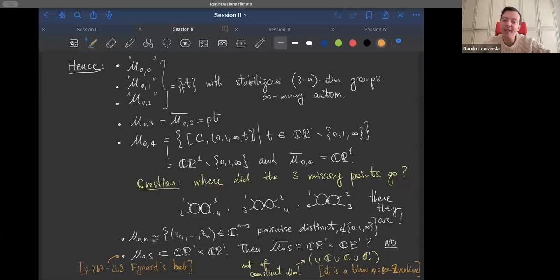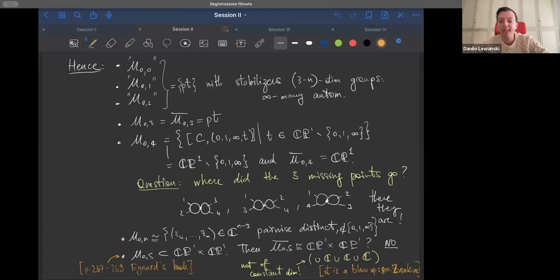And now you have exactly one equivalence class up to biholomorphisms that is parametrized by this T. So this fourth point is parametrizing the whole space. Because every curve would have the first 3 points in 0, 1, and infinity, and the fourth one will be somewhere. But that position will identify the equivalence class.